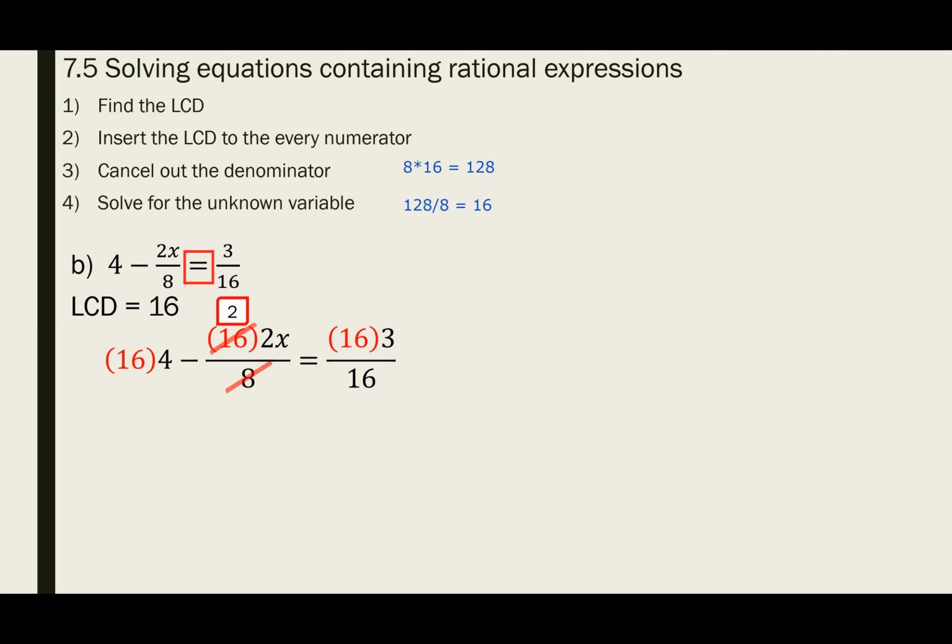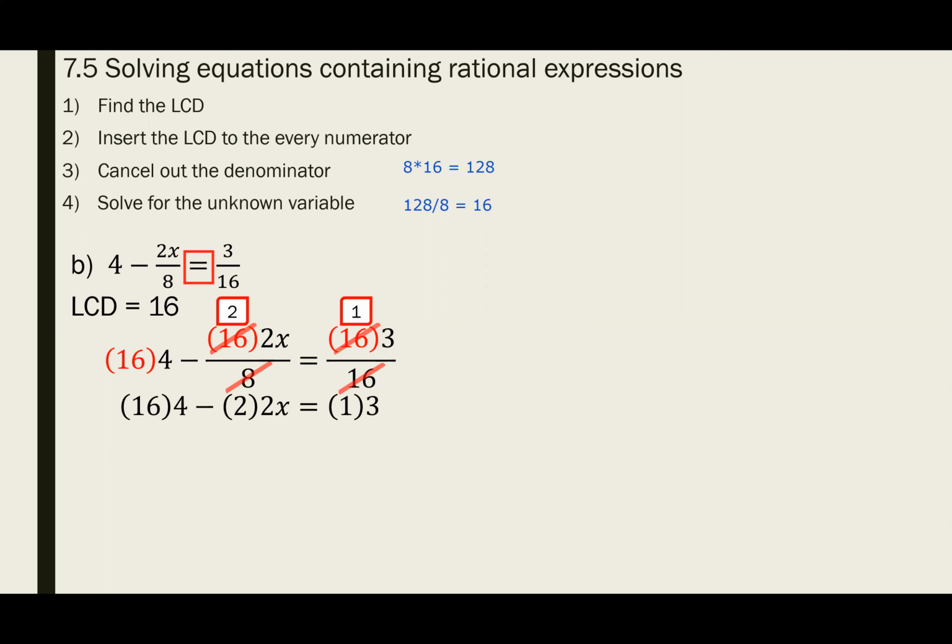Everybody see 8 goes into 16 two times, and 16 goes into 16 one time, meaning I no longer have a denominator. None of my items have a denominator, because that's what I want to do. I want to get rid of the denominator.